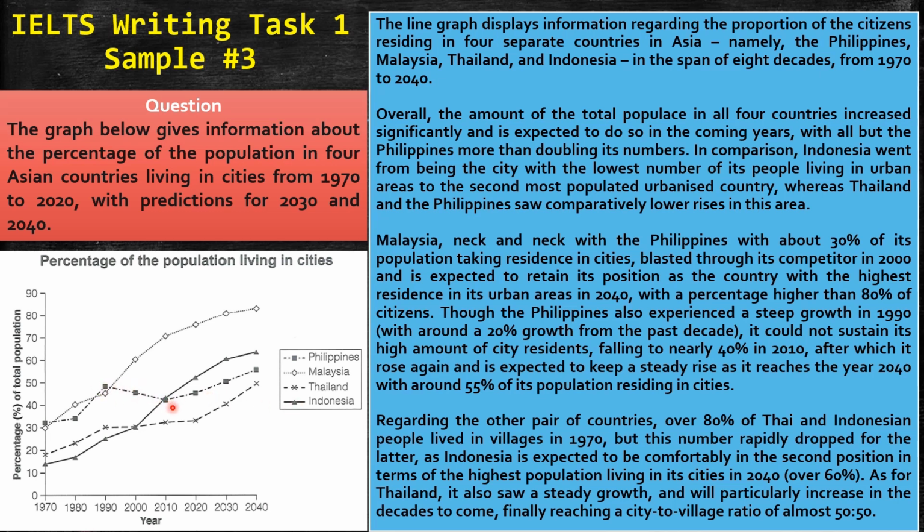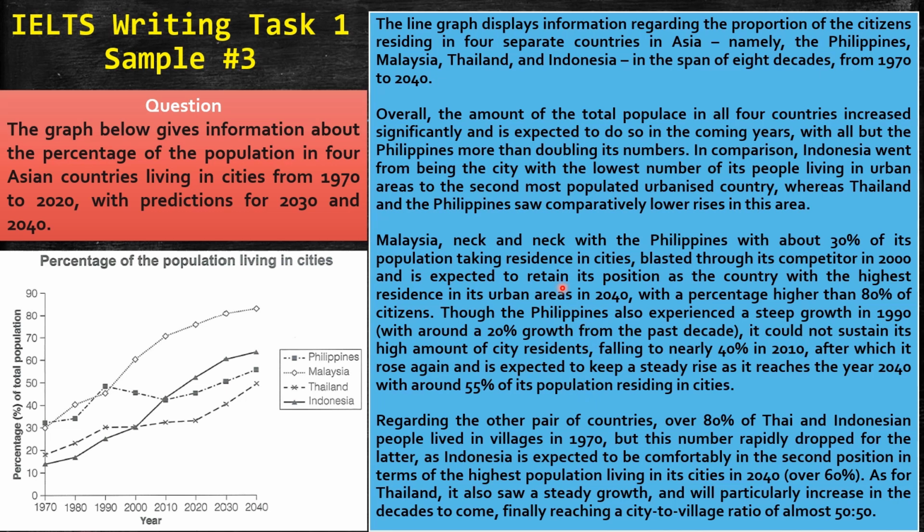So it was around 40, almost 40, to nearly 40% in 2010, after which it rose again. So again it increased and is expected to keep a steady rise, right, as it reaches the year 2040 with around 55% of its population residing in cities. So which 2 countries did I talk about? Malaysia and Philippines, right, in 1 paragraph.